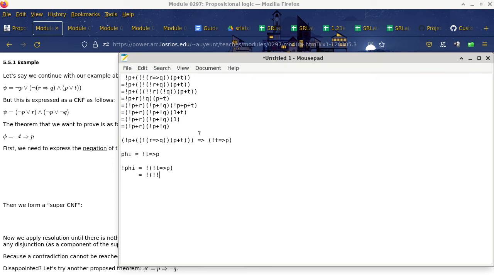So we have to do a negation on the left-hand side or the right-hand side. And obviously this is easy to simplify. And now I can apply De Morgan's law, so I can distribute the negation to the inside. Now I end up with not T and not P, which is already in CNF.